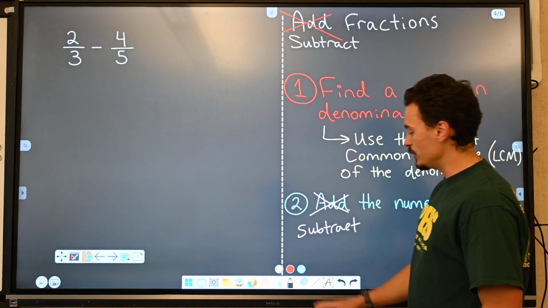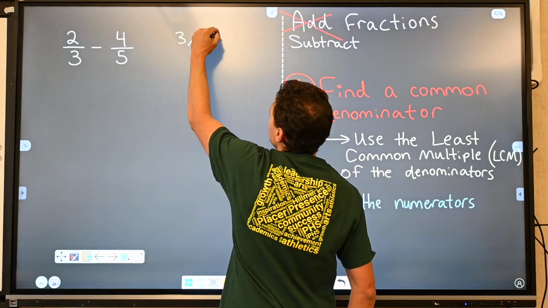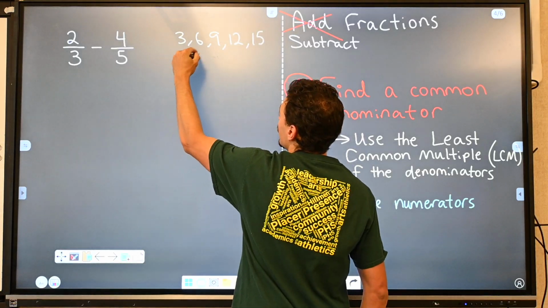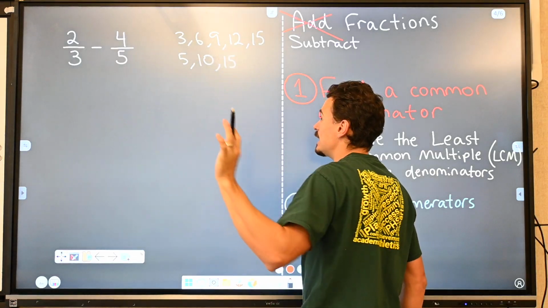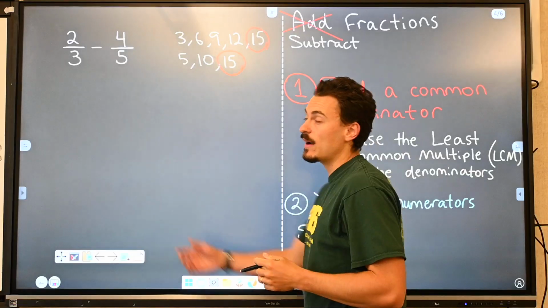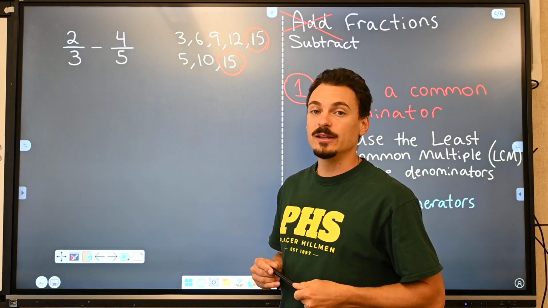Okay, let's do it. So if you look at our list, we have 3, 6, 9, 12, 15, 5, 10, 15, stop. 15 works. Okay, 3 times 5, you could have done 3 times 5 and got 15. Lots of you are going to be able to do these in your head.